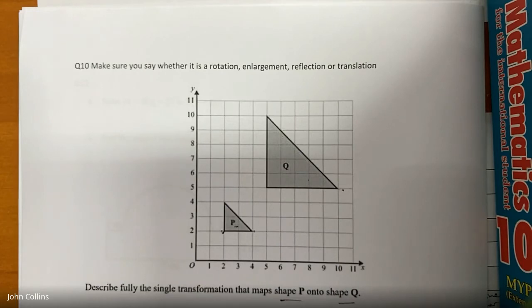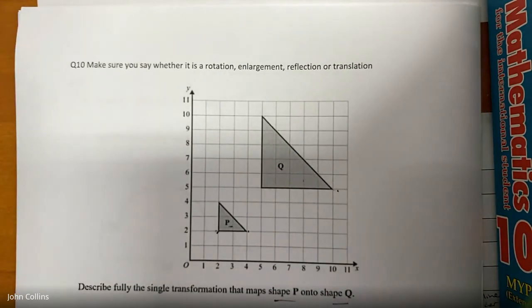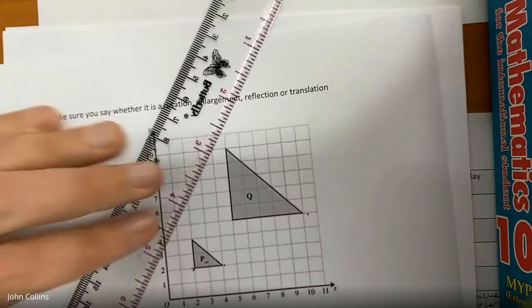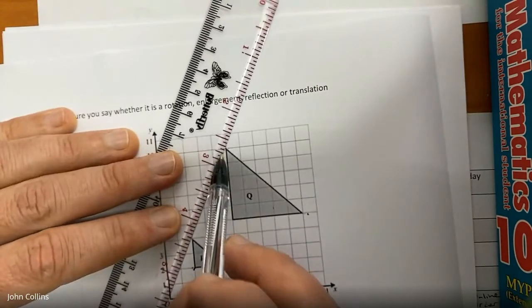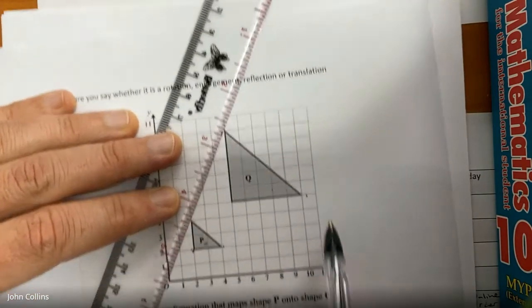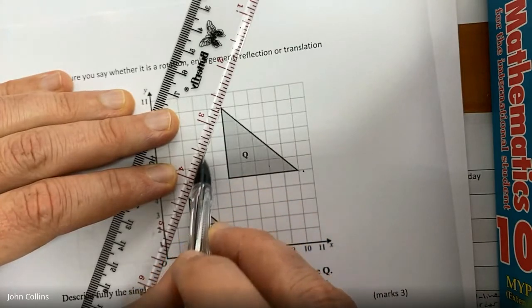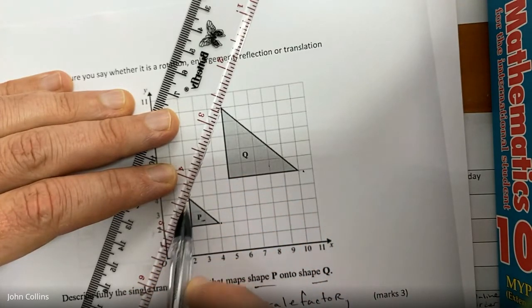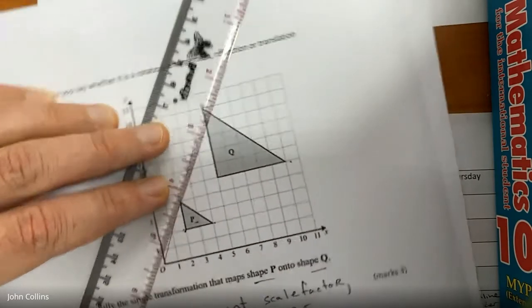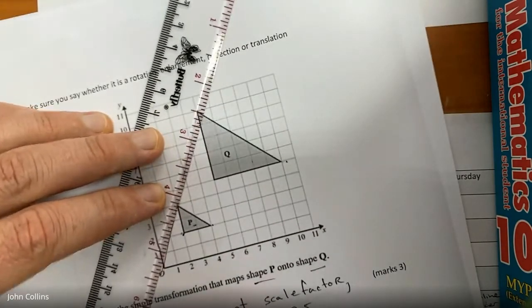To get the center of the enlargement, we would need a ruler, or you can probably just judge it by eye in this case. You join up the old shape and the new shape, the corners, so this top left corner with this top left corner, and it goes through to the origin, and I'll bring it further if I want.